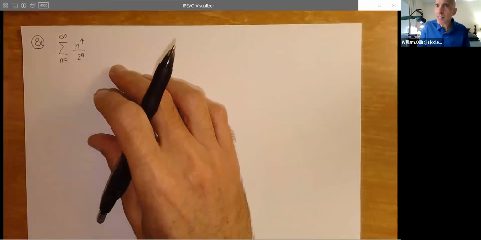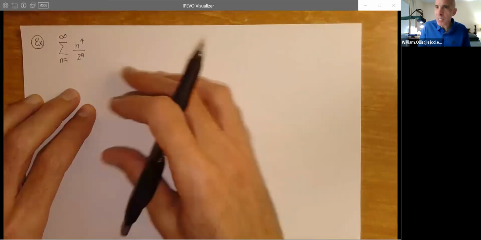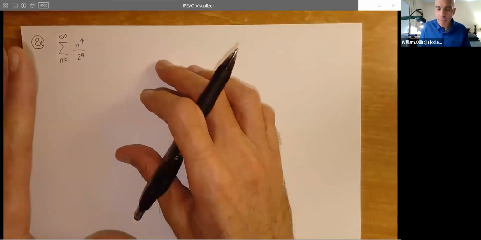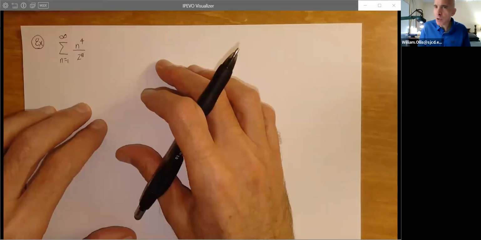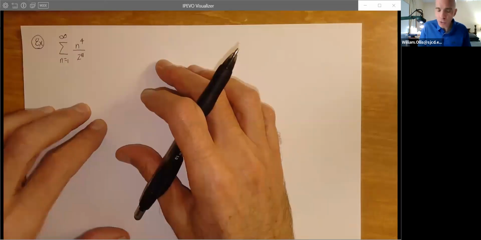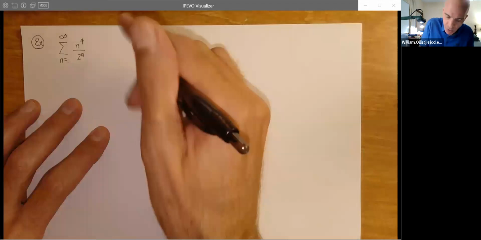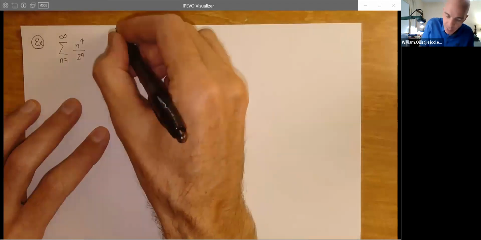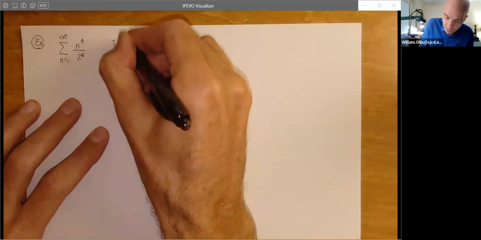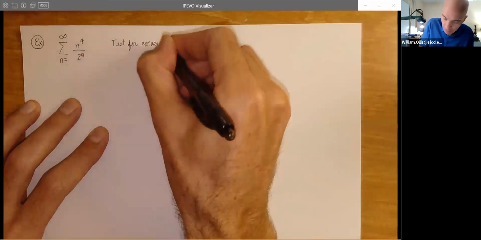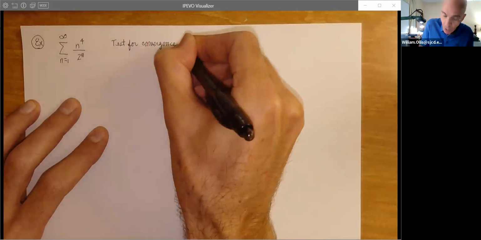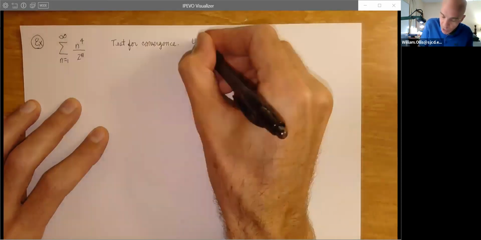So again, lots of times the ratio test will present itself very quickly because the other tests that we have just don't seem to fit very well. And we need to make a conclusion. So what I'll say is test for convergence. And with this example, we will use ratio test.